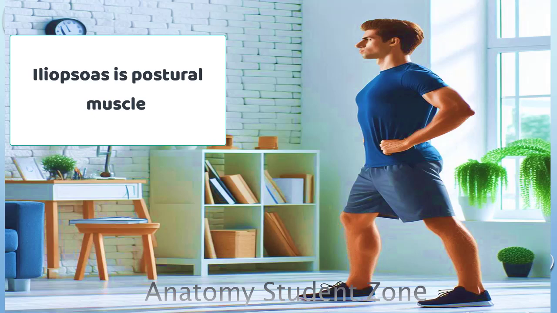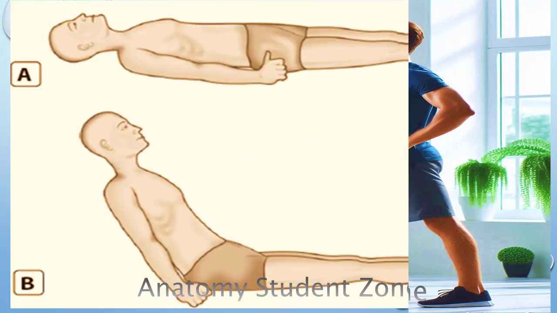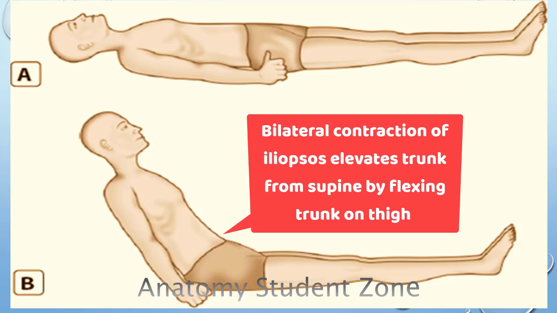Besides this, it also acts as a postural muscle. So iliopsoas is active while you are standing or when you are maintaining your normal posture. It also flexes the trunk on the thigh and helps us to sit up from a lying down position.